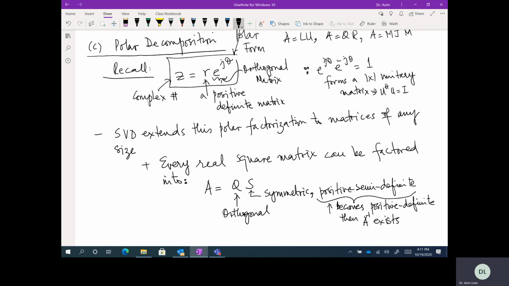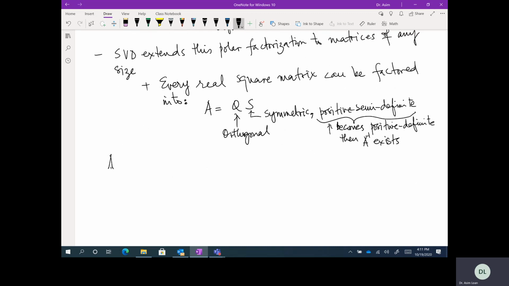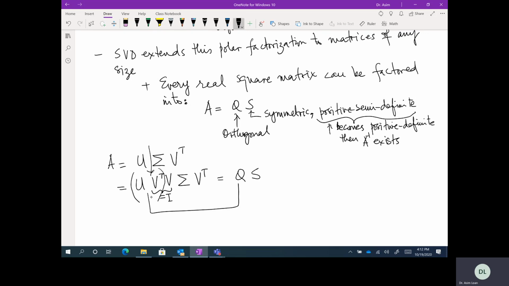So let's see how we do that. A equals U sigma V transpose, and in here I'll insert an identity, V transpose V, which is I. Since matrix multiplication is associative, I'll put a parenthesis here, and this is equal to Q into S, where this is Q, U times V transpose.